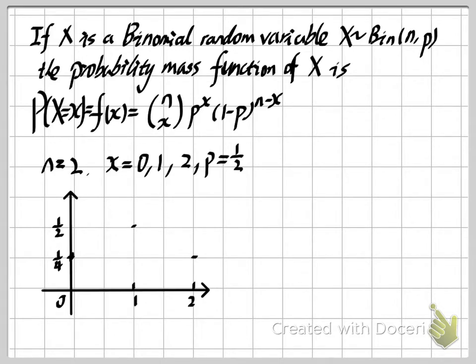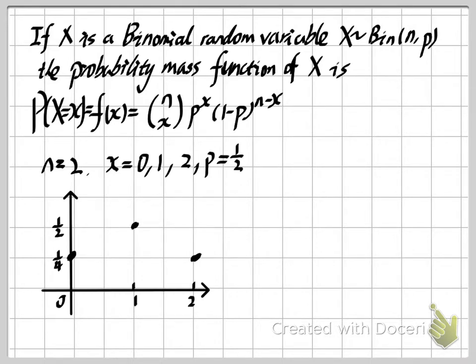So this is our first point when x equals 0. And when x equals 1, by our definition of the PMF, the value is 1/2. And the last one is 1/4 again. Now we can have our graph at these 3 points.